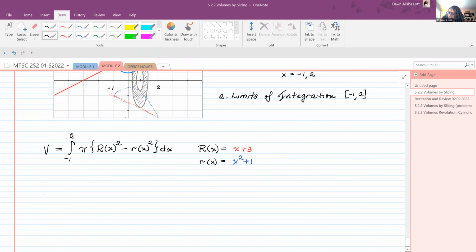So this volume, the integral from -1 to 2 of pi, I'm going to have x plus 3 quantity squared minus x squared plus 1 quantity squared dx. That gives 117 pi over 5.